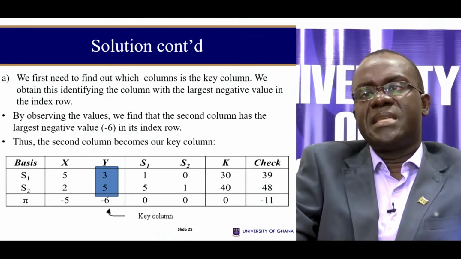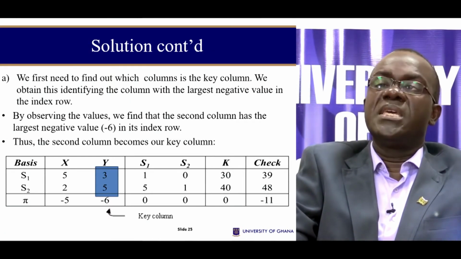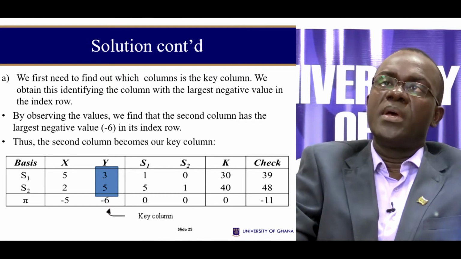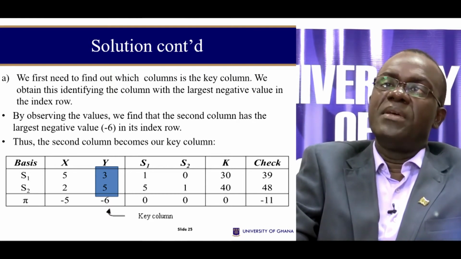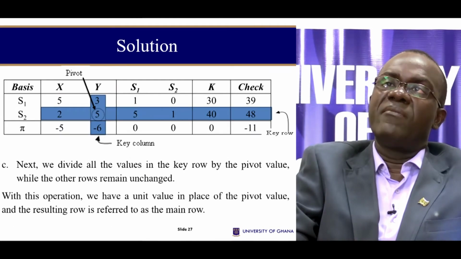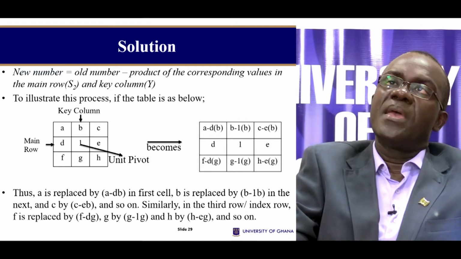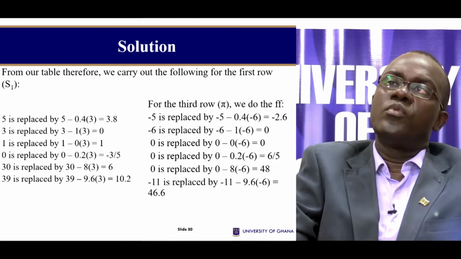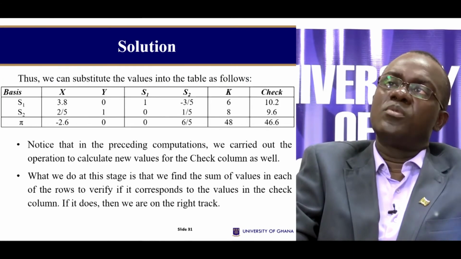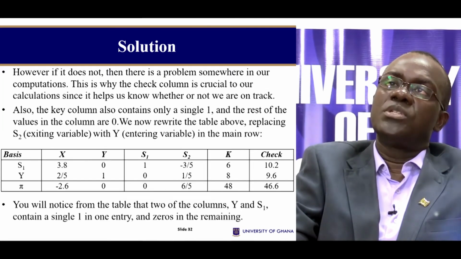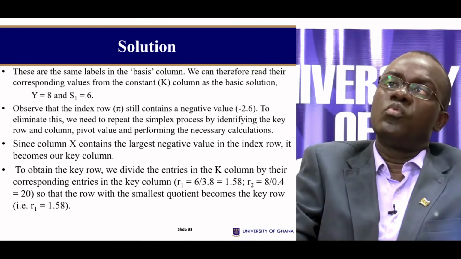Further, there's a step-by-step approach where you know the key row, the key column, and then you use that to establish the function in an iterative method to be able to arrive at the solution. I'd like you to take your time and go through these points step by step, and you'll be able to satisfy yourself that the solution will boil down to what we have over here.